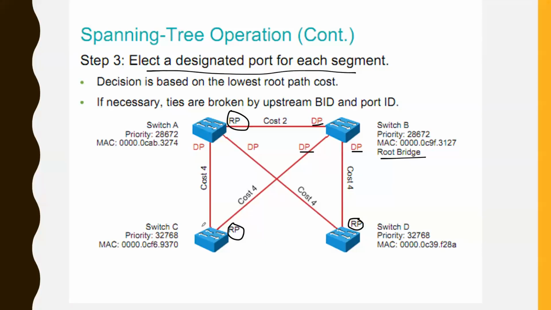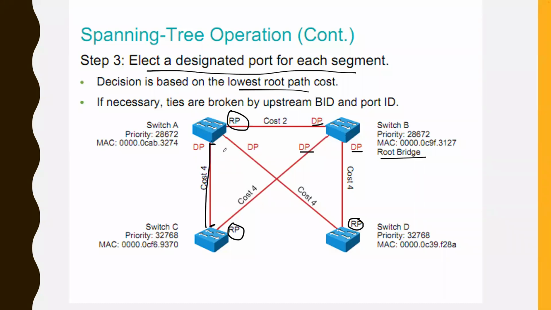On this Ethernet link, we need to find out which will be the designated port. How many ports do we have on this segment? These two ports: one is this one, the second one is this one. Which one of these two will be the designated port? That is decided on the basis of lowest root path cost. From here, my root path cost is 2, and from here it is costing 4.